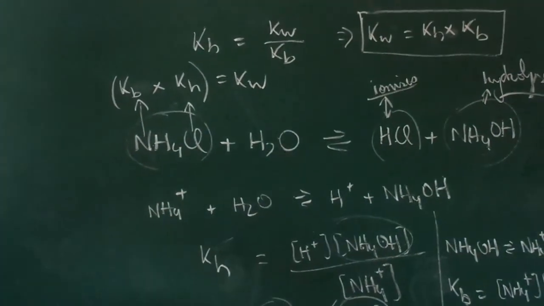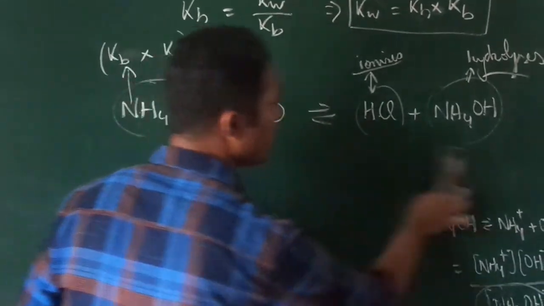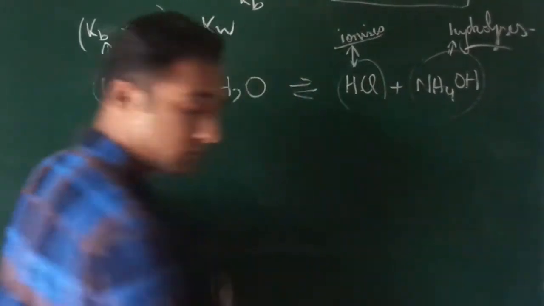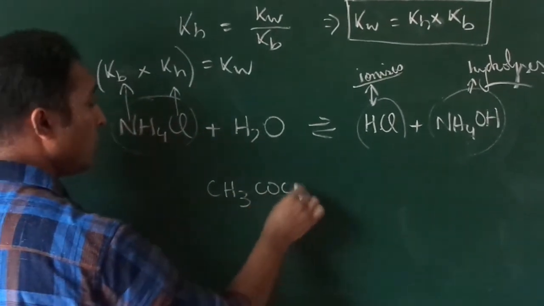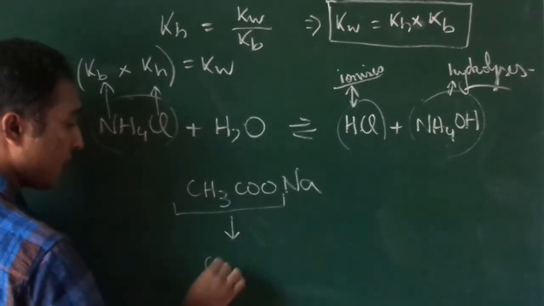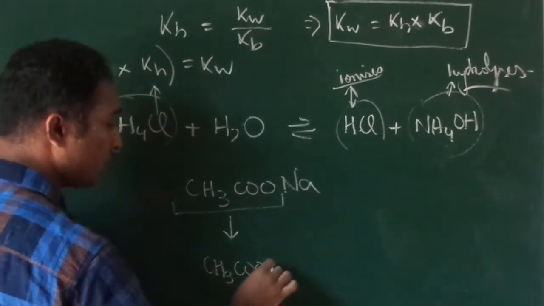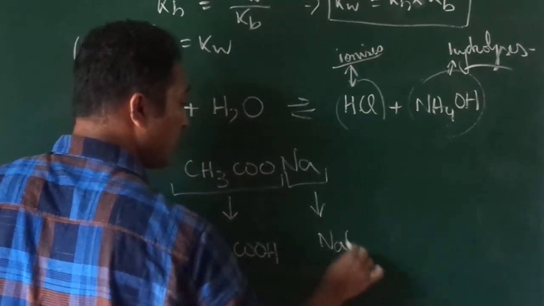So now students, if I give you a salt like this, a random salt, if I give you a salt CH3COONa, right? You can check it out. This is coming from a weak acid, the parent acid being CH3COOH, and this is coming from a strong base, which is known as NaOH.